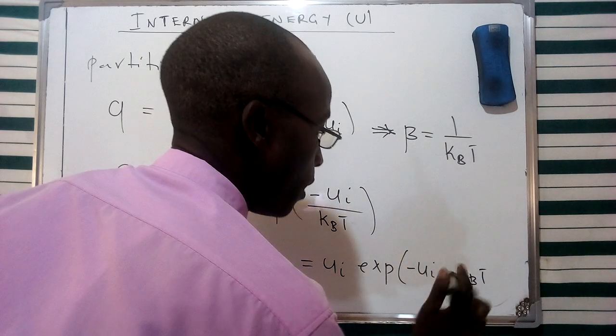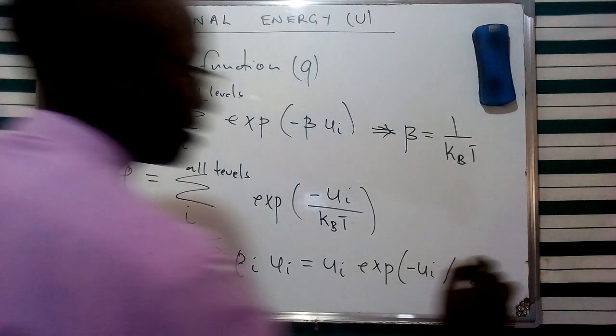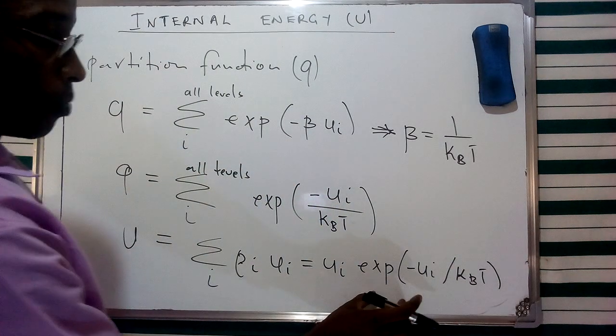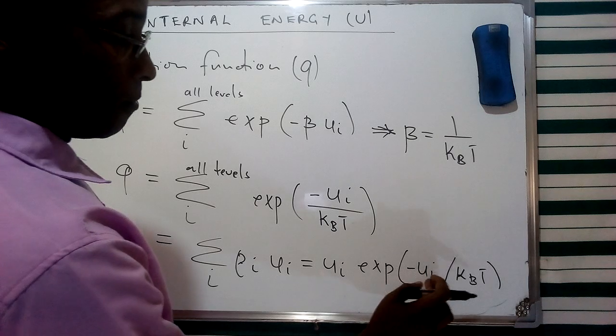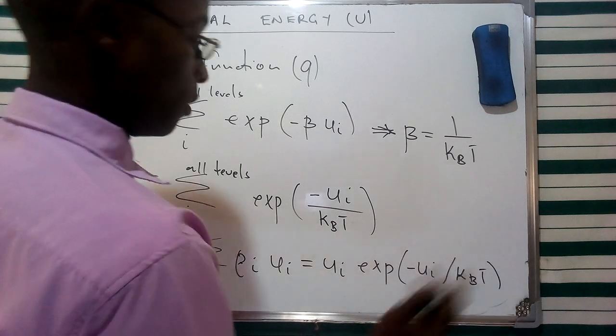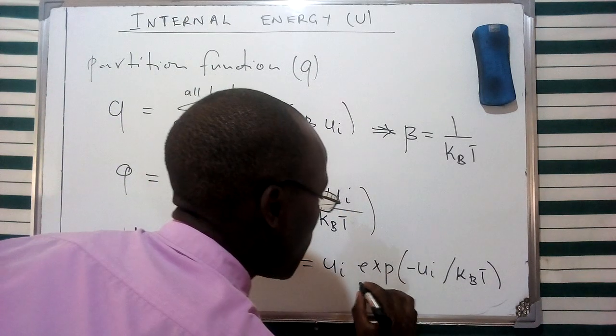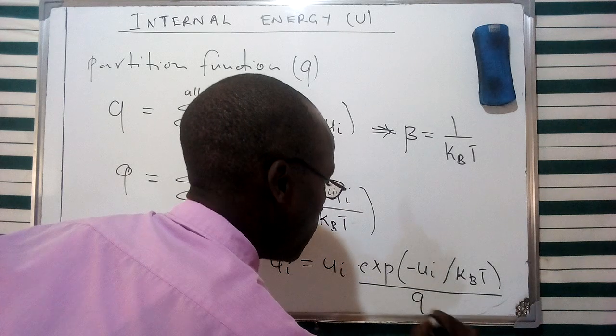So the exponent of the negative energy over kBT is going to form our numerator, and I'm going to have this divided by Q.